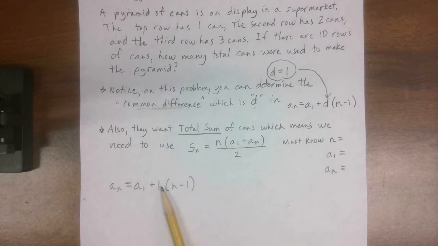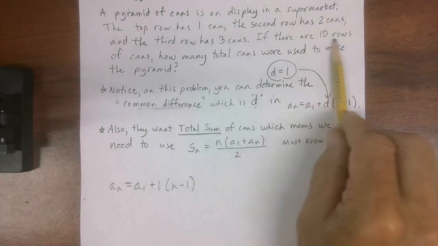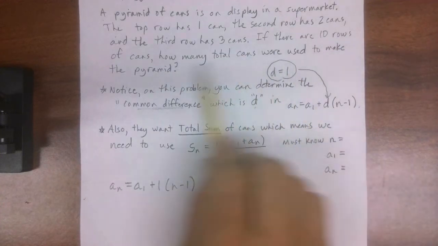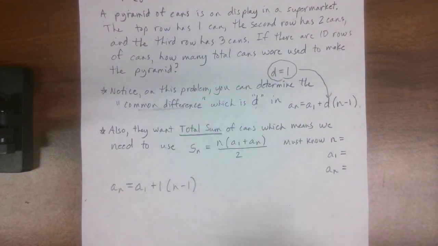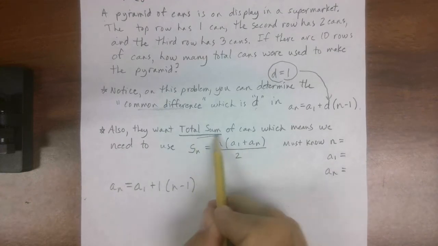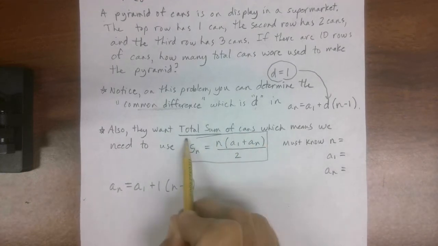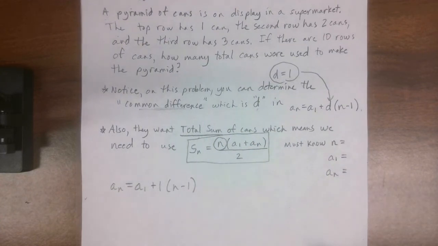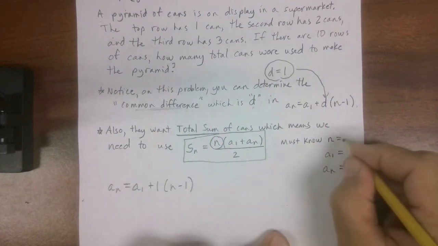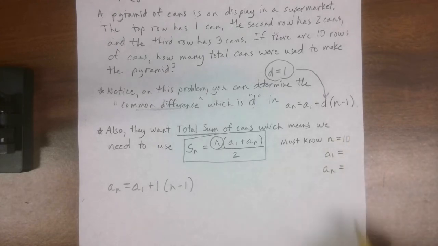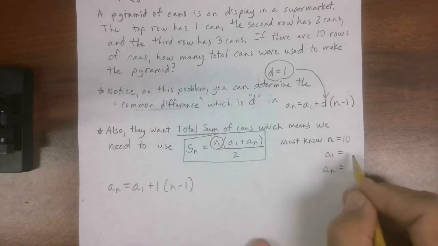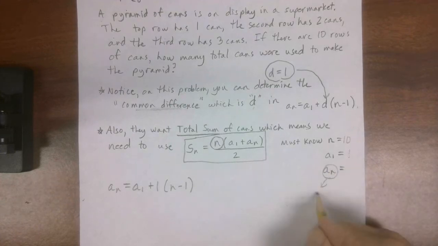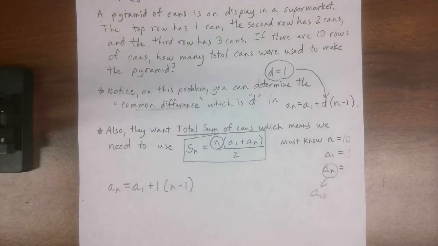But let's read the question. It says, if there are 10 rows of cans, how many total cans in the whole pile were used to make the pyramid? So this is a different question, which means we got to know what n is. In this case, there are 10 rows, so we know n is 10. In the first row, we know there's 1 can, and we're concerned about how many cans are in the 10th row.